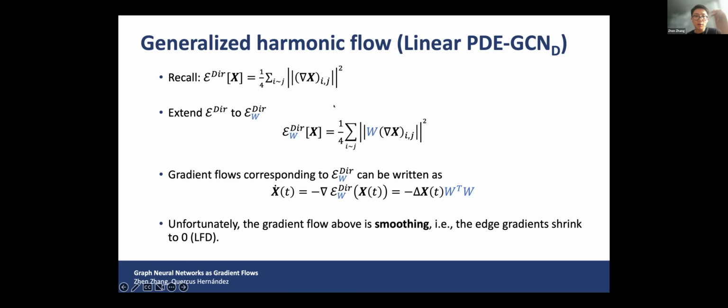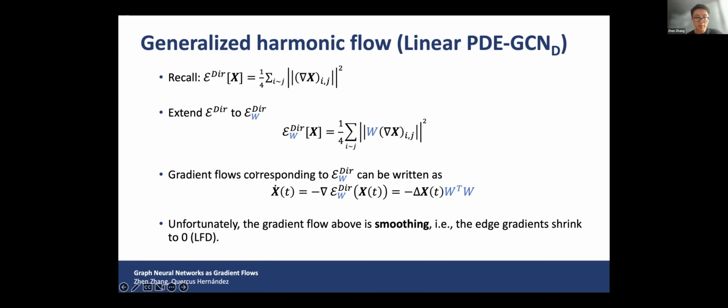And here, so they first consider the simplest way to parameterize the energy function, which is that they generalize the Dirichlet energy from the L2 norm of the gradient to be the L2 norm of W times the gradient, where W is the learnable parameter.